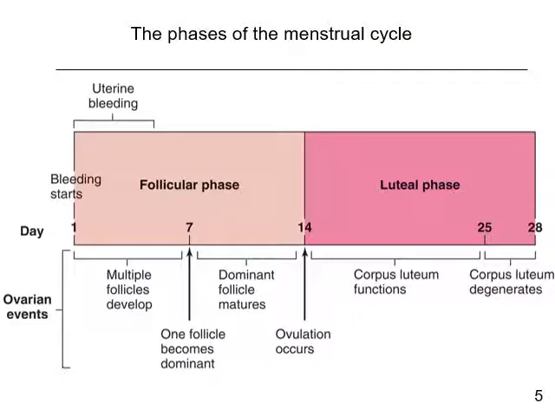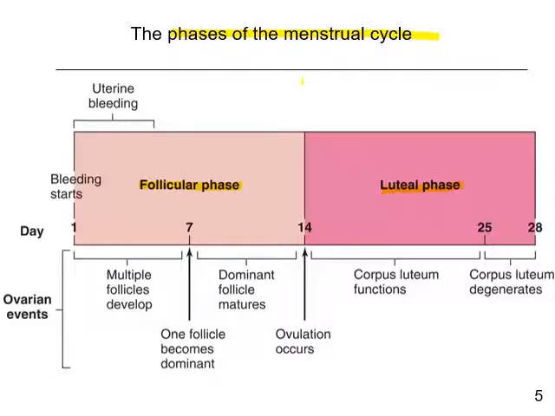Having talked about some of the anatomy, let's talk about the phases of the female reproductive cycle, the menstrual cycle. The menstrual cycle is divided into two phases, the follicular phase and the luteal phase.